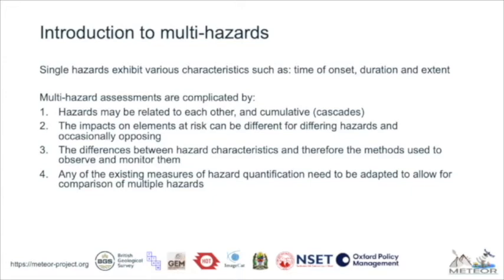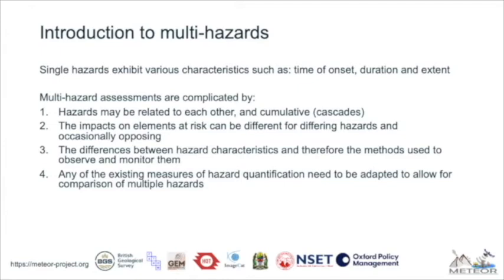Because of this, multi-hazard assessments have to be able to address hazards that may be related to each other, potentially generating hazard cascades, hazards that have different impacts on buildings or infrastructure, and the fact that they have different hazard characteristics and therefore different methods of observation and monitoring. It is important, therefore, that any of the existing methods of hazard quantification need to be adapted to allow for the comparison of multiple hazards.